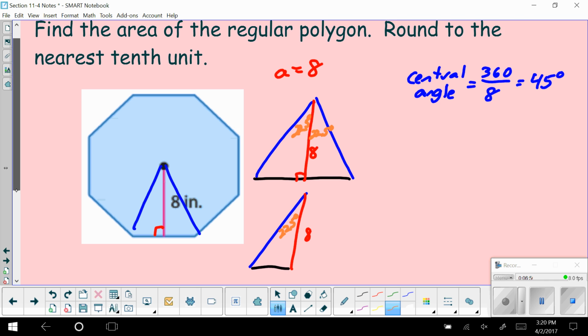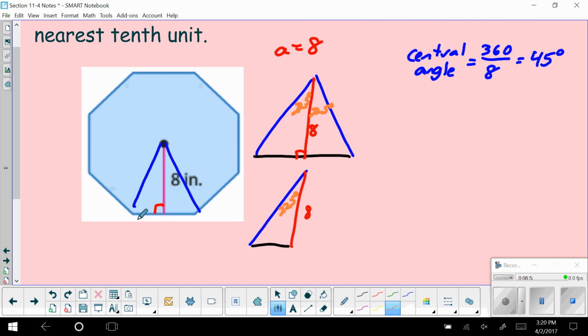Now, to find the perimeter I need the length of one whole side. If I look at half of the triangle made by the central angle, this is half of the side. So if I call this x, and I want to find x, if I focus on the 22.5 degrees, I could use tangent. The tangent of 22.5 degrees equals opposite over adjacent.